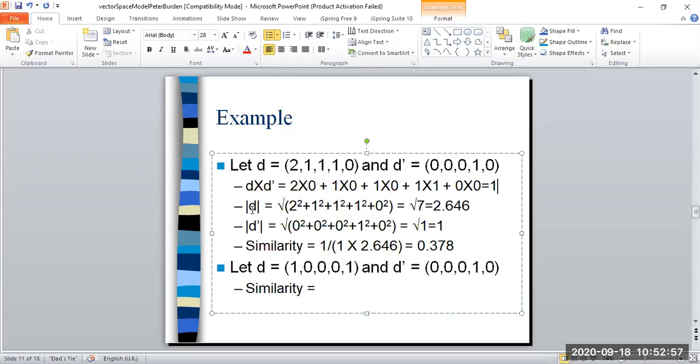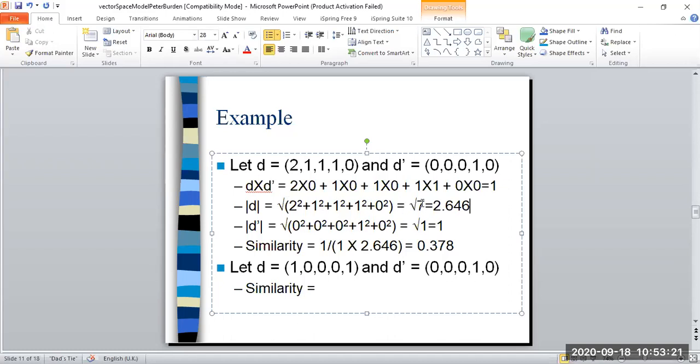If you calculate the absolute values, or mod values, of this vector, the output will be 2.646. This is how you can do it: perform the square of each and every value, add them, and take the square root of the whole operation.